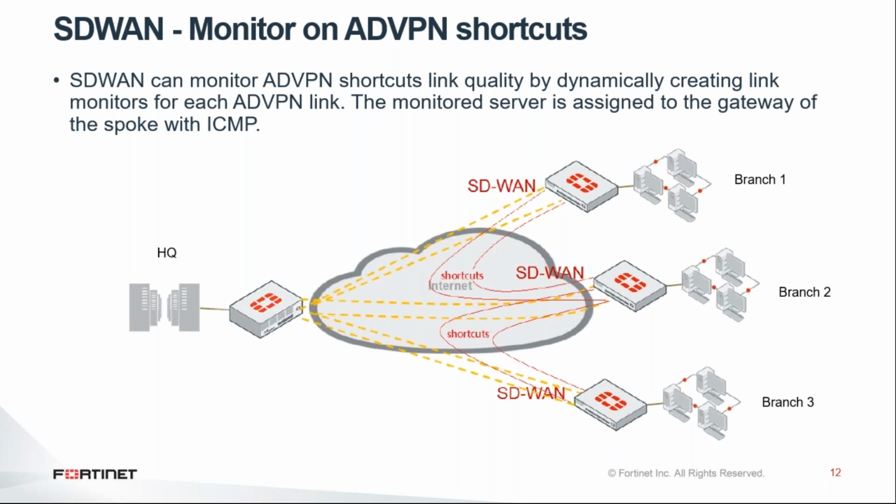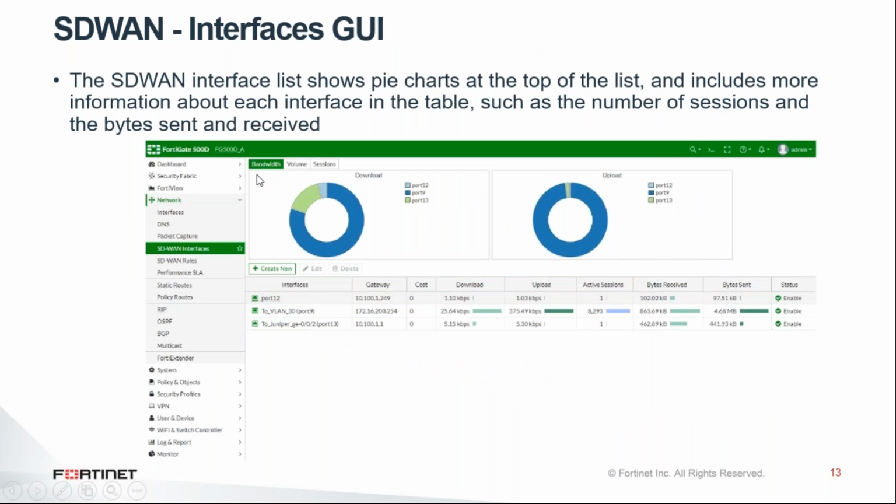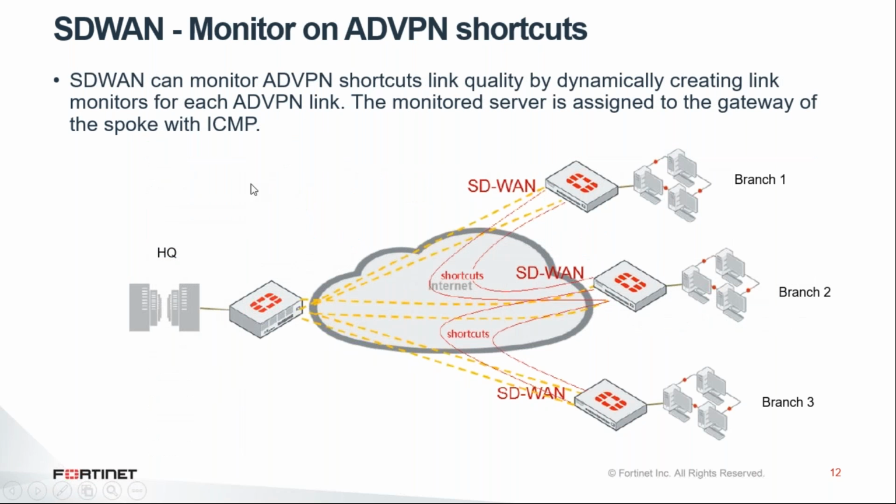So we will activate a shortcut based on AD-VPN, auto-discovery VPN. If there is communication needed between, let's say, branch 3 and branch 2, the first packet will flow to the headquarters, but due to the AD-VPN mechanisms, we can build shortcuts to, in this case, branch 2. That's something already possible with 6.2.